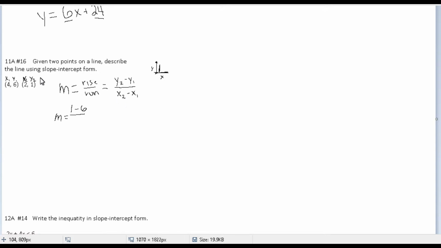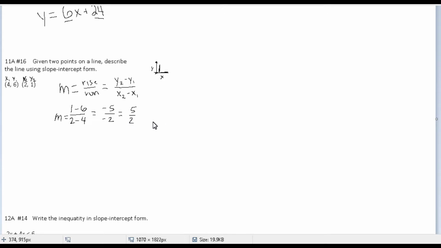Then our x2 is this one, so that's a 2. And our x1 is right here, it's a 4. 1 minus 6 is -5. 2 minus 4 is -2. They're both negative, so we can make them both positive and say that our slope is 5/2.